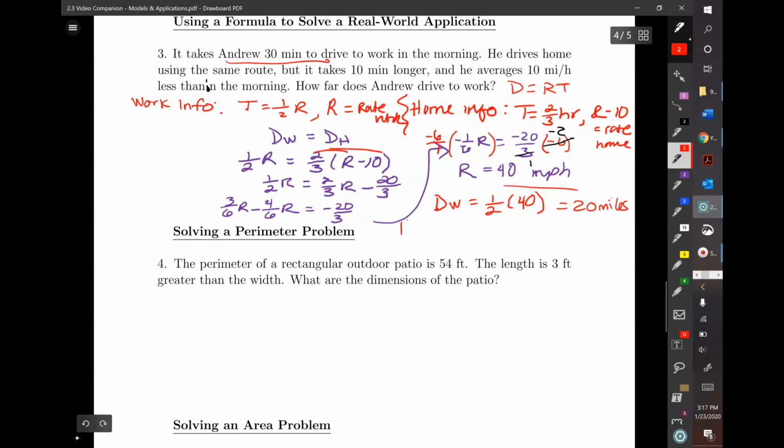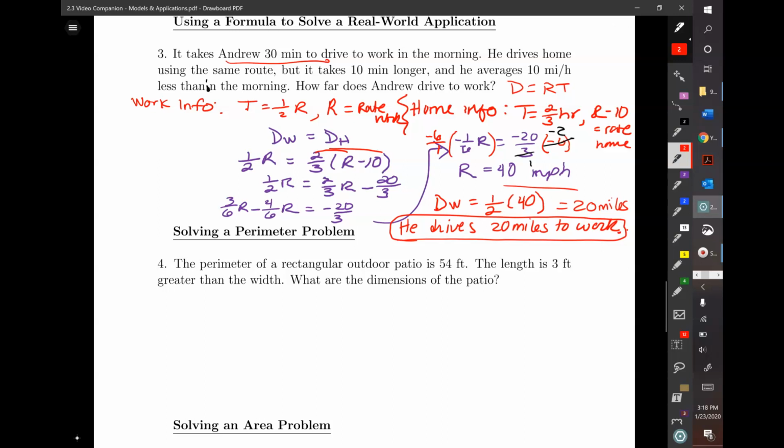We could say he drives 20 miles to work. It's just asking for that one way, not both ways. So that's the importance of interpreting your answer and going back: did you answer the question?